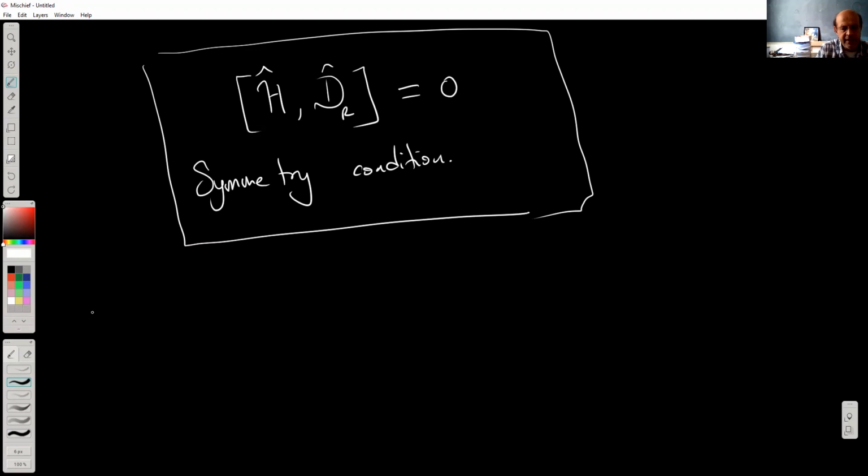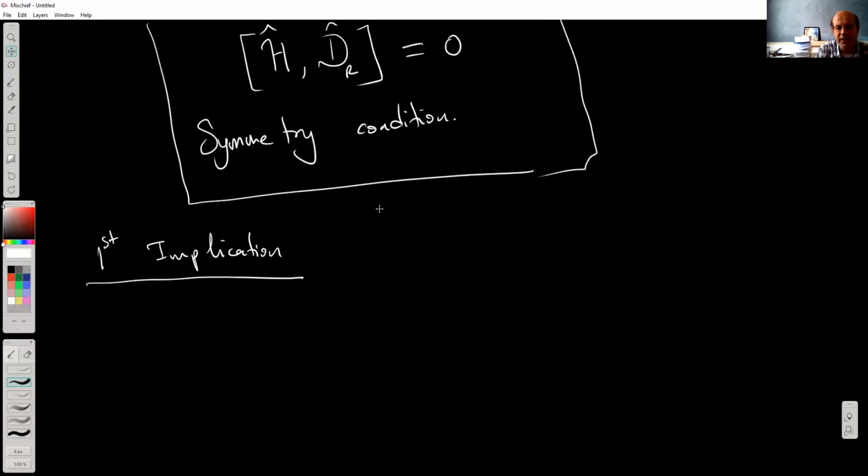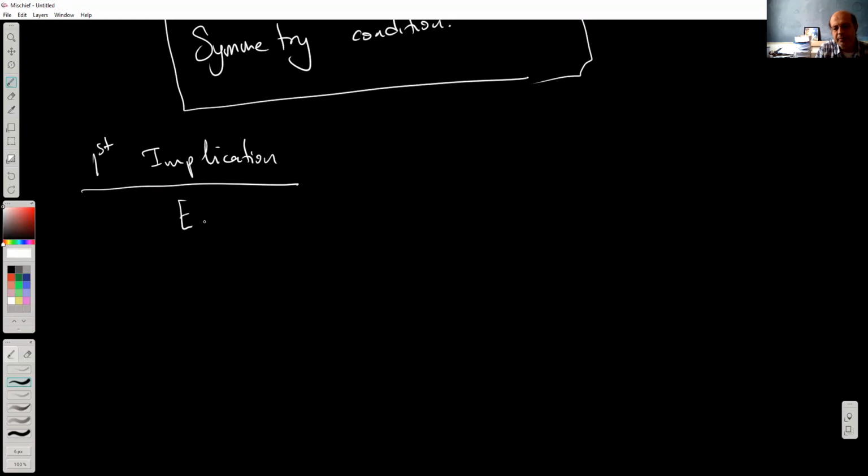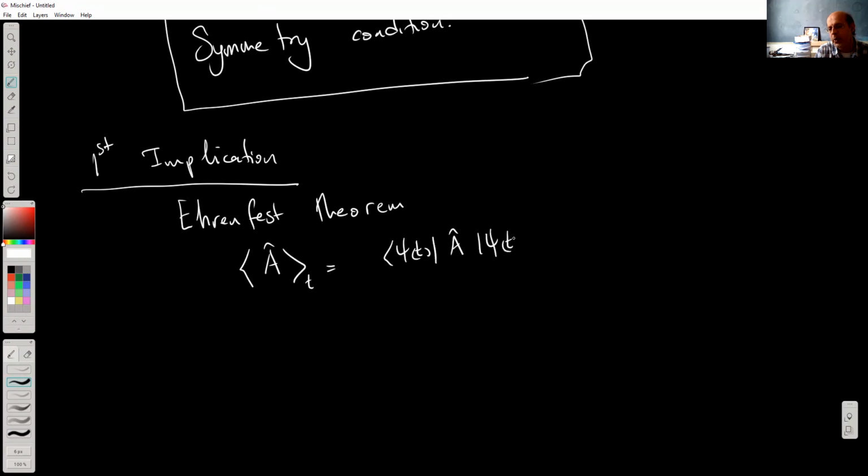So one other thing in here is the first implication. Since we have said this, let me state this because I can sometimes forget. This is something people call the Ehrenfest theorem. I don't know if you have seen this or not, but I'm basically talking about the expectation values of observables at different times. For this, we just take the expectation value of the observable with a time-dependent wave function.